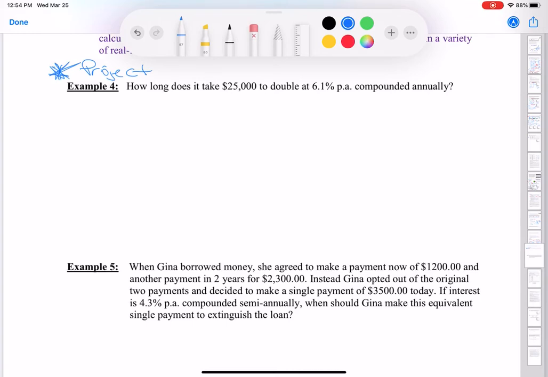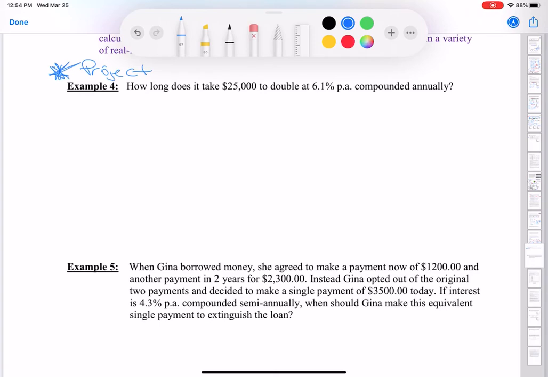All right, so often when we're talking to folks about money, in particular, we care about when our money has a chance to become double what it used to be. So let's solve this problem using the formula.